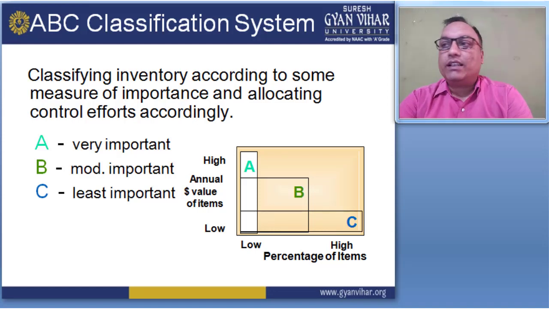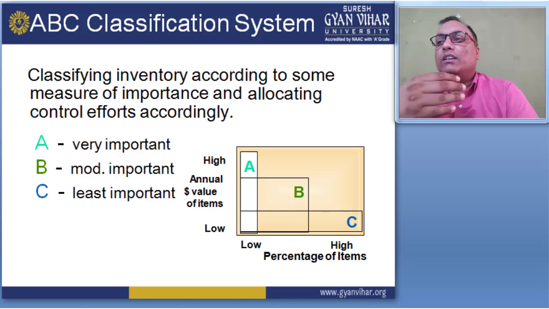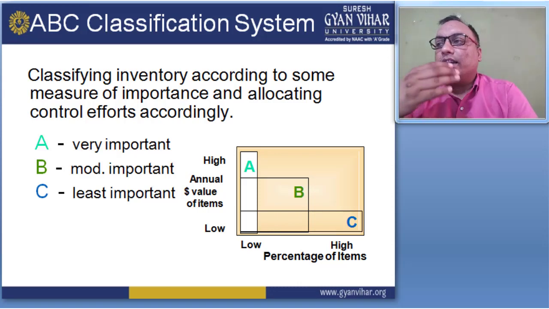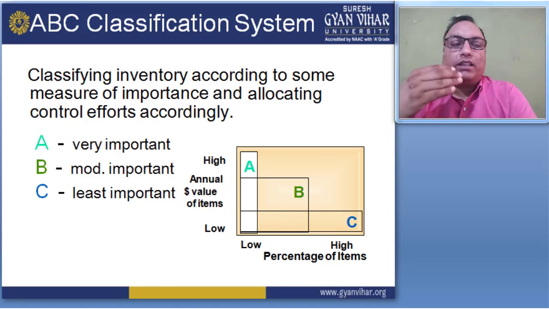This helps business leaders understand which products or services are most critical to the financial success of their organization. So this type of stock is divided into three groups: class A, class B, and class C.